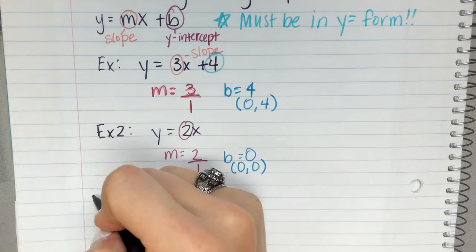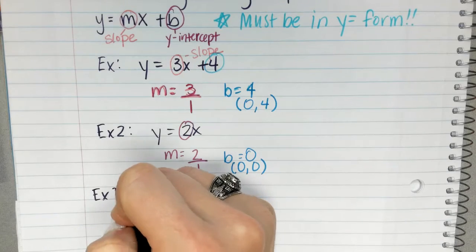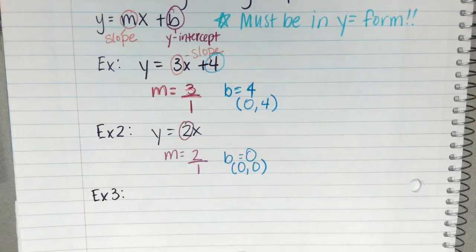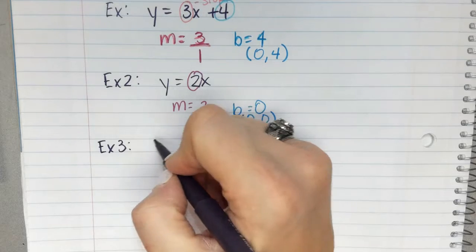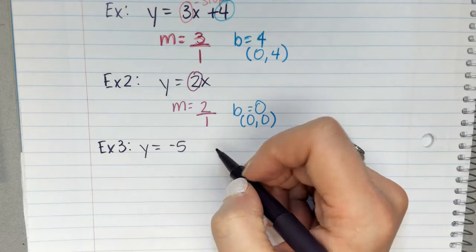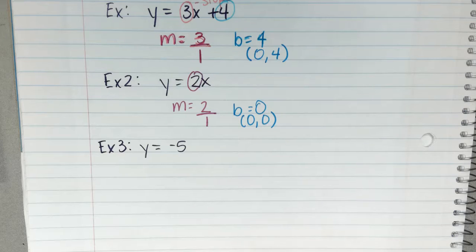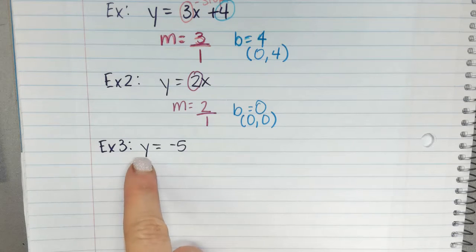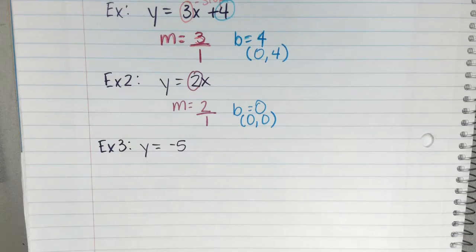Let's do another example. Y equals -5. Y equals -5. Okay, guess what? Read this one more time. Y equals -5.